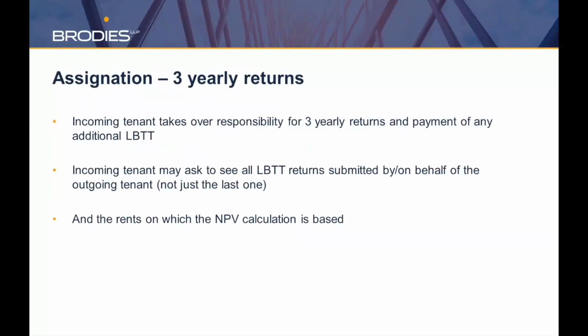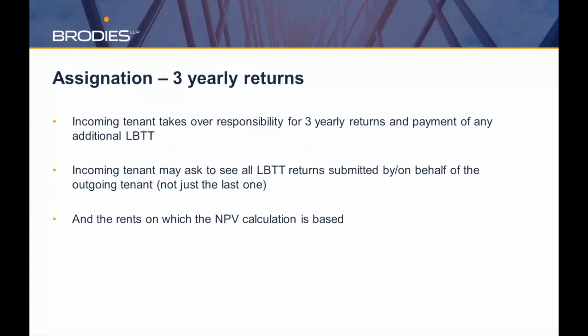So they're going to be updating the old assignation return. I mean, obviously you can provide contractually that the outgoing tenant has to indemnify the incoming tenant if there's any issue with the LBTT, but you're far better off, if you're the incoming tenant, making sure that you're happy that the outgoing tenant has actually paid everything that they should.